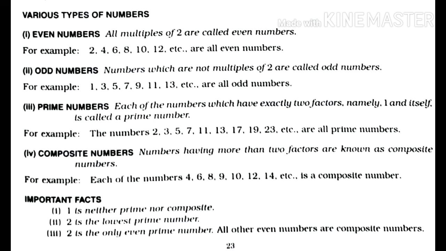For example, each of the numbers 4, 6, 8, 10, 12, 14, etc. is a composite number. Important facts: 1 is neither prime nor composite, 2 is the lowest prime number and also an even prime number. All other prime numbers are odd and all other even numbers are composite.